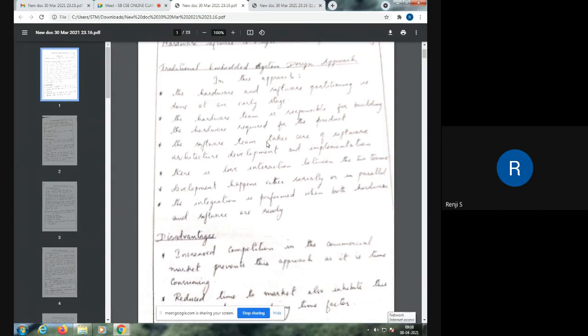So two teams will be working in the design process. One is the hardware team and the other is the software team.